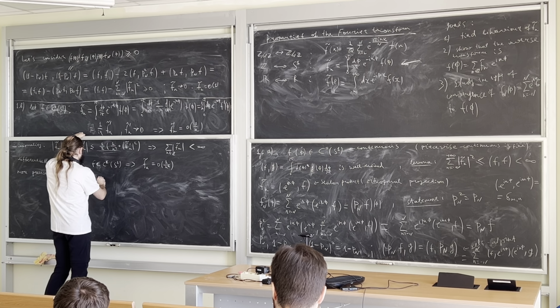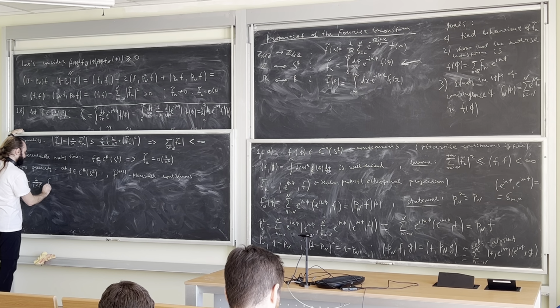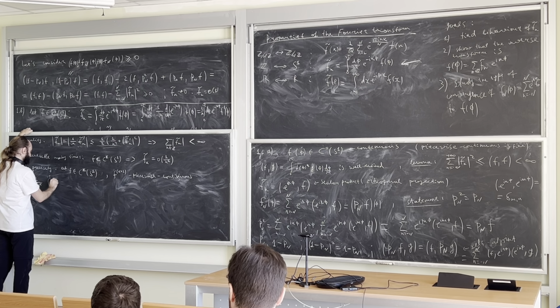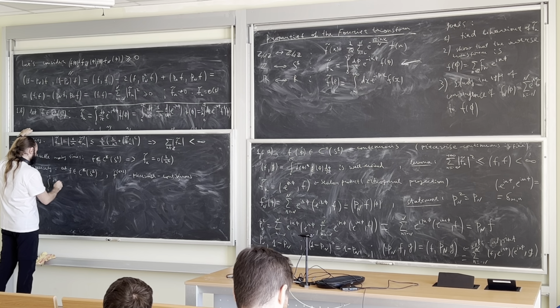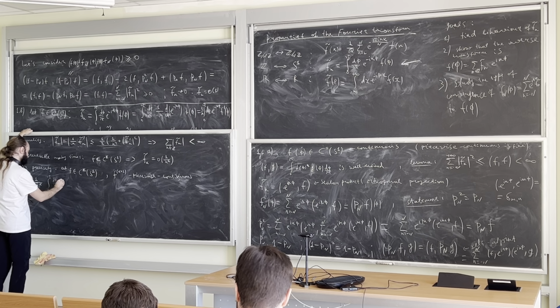So we can differentiate it k times. So we'll have 1 over (i n) to the k, integral from 0 to 2 pi, of f^(k) of phi.